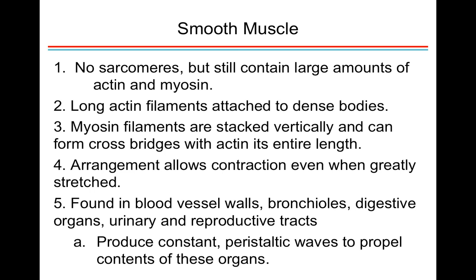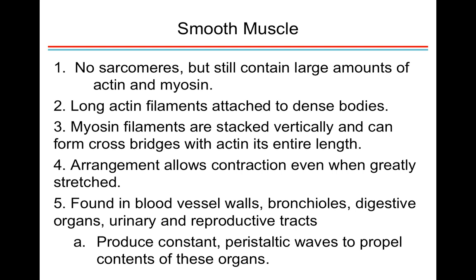And instead of the very structured linear assembly of the sarcomeres in skeletal and cardiac muscles, where you have the striations, the smooth muscle has more of a vertical and different orientations between the different cytoskeletal units.